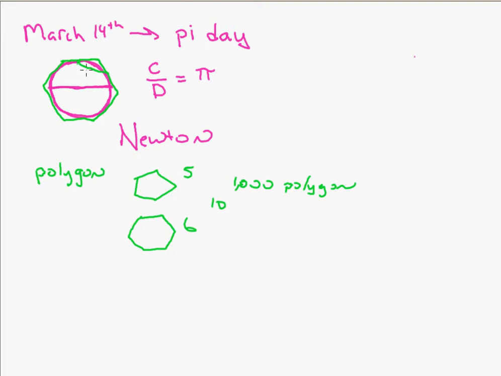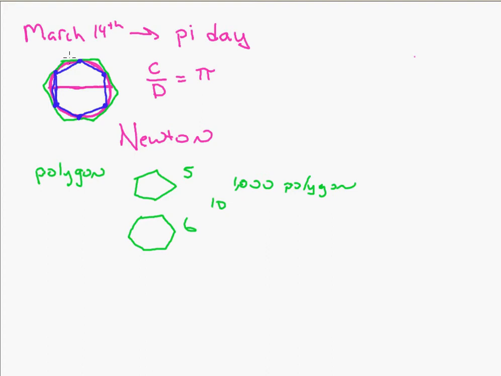Notice how I'm using the points from the outside polygon that touch the circle. We'll do this in a different color for the polygon that goes on the inside. These are the points that touch the circle, and those are the ones I use to make my polygon. So the polygon on the outside has 6 sides, and the polygon on the inside also has 6 sides.